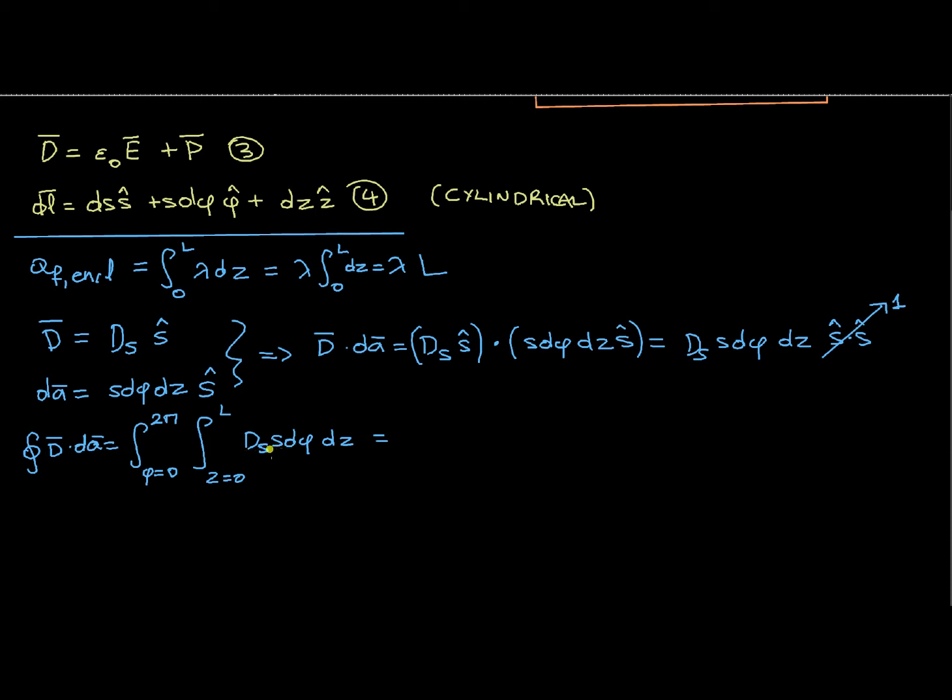In this integral, D and s don't depend on z and phi, so I will have ds s. From the integration over phi, I will get the 2 pi, and from integration over z, I will get the L.